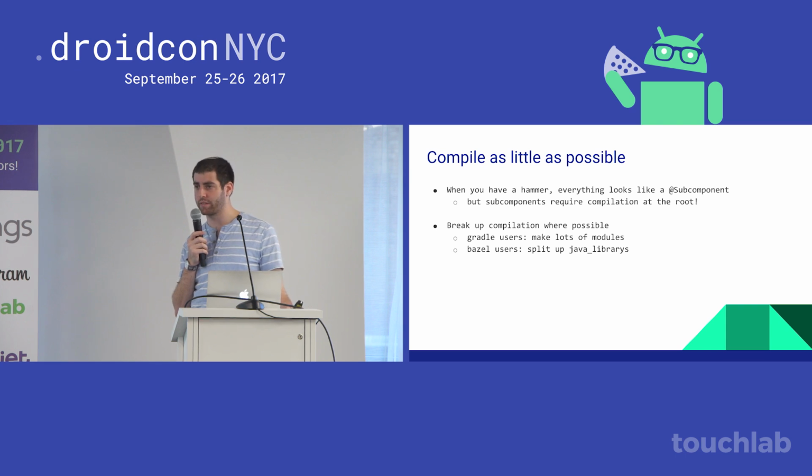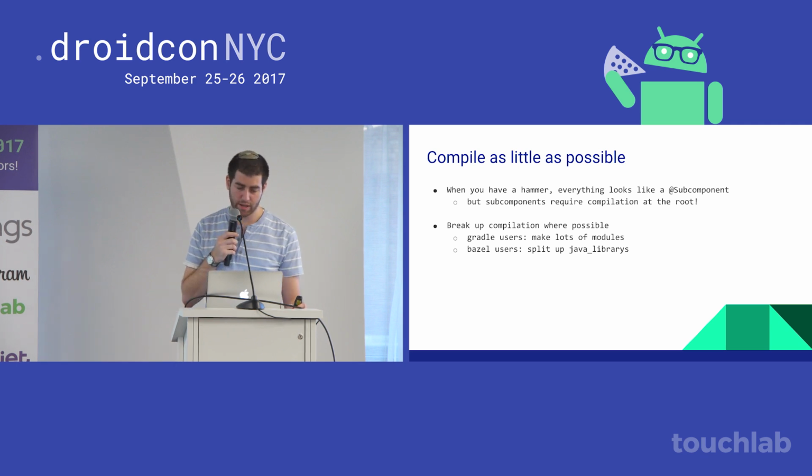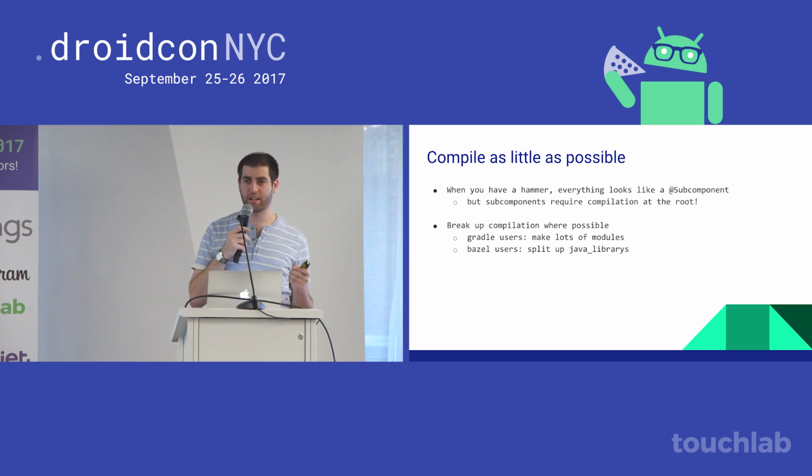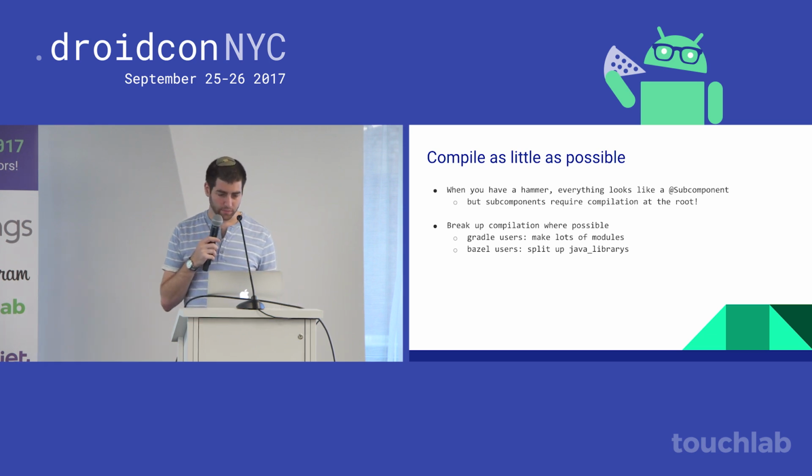So subcomponents definitely have their use, but let's see some cases where we can maybe go back to component dependencies and get those savings back. And if you're wondering exactly why subcomponents have to be inner classes and compiled together, I'll refer you again to that talk that we gave at Square.